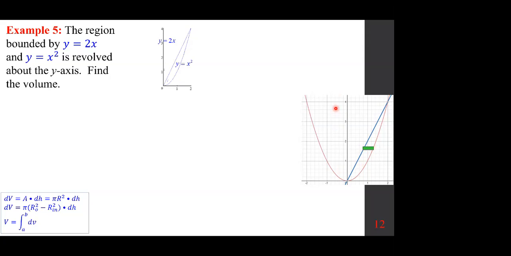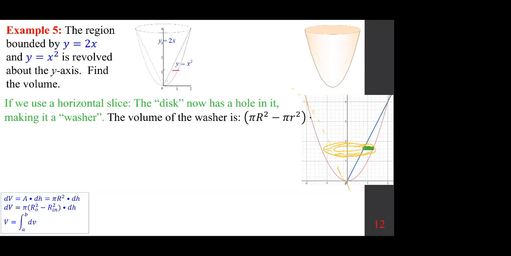So what happens is that this part is the inner piece. This is the outer piece, and it's generating not a disk. It generates what we call a washer. So take a look at that. This is the generation, and it is a washer. Take a look at the washer that it has generated.